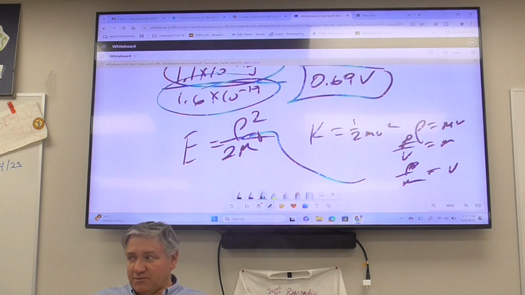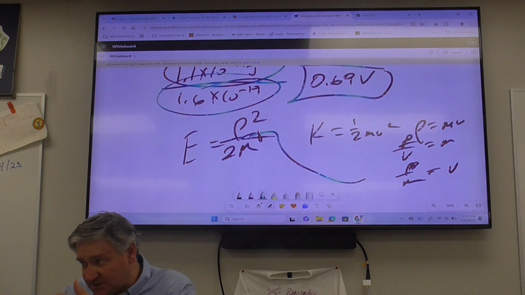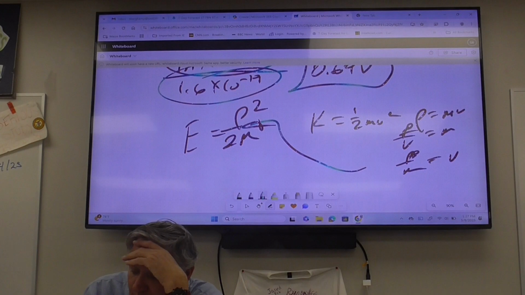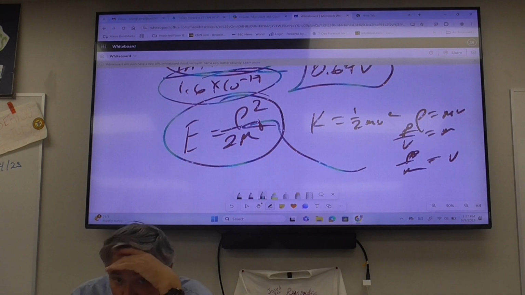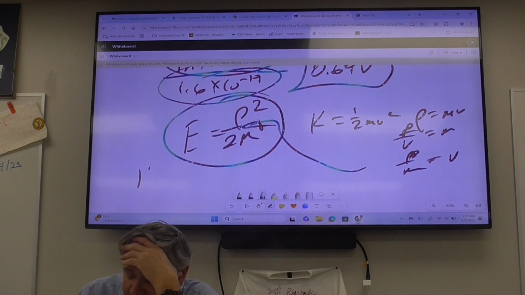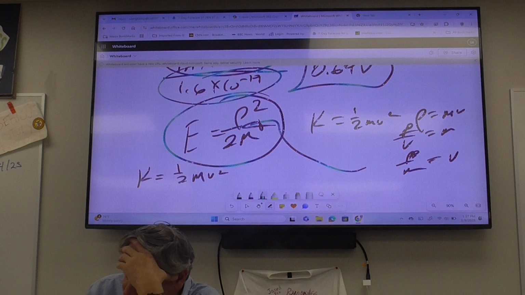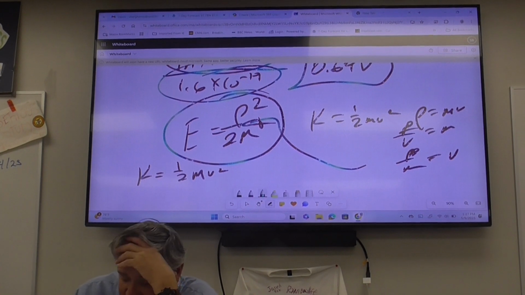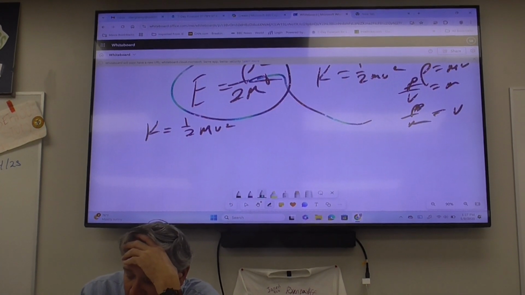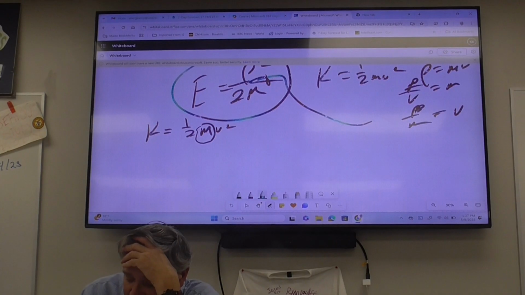The other thing you can do, if you don't like that, is a two-step process. If you don't want to remember this, you can go, well, that's how much kinetic energy it has, and that's 1/2 mv squared. So you take the kinetic energy, and you know the mass of the electron, and you find the velocity that way.